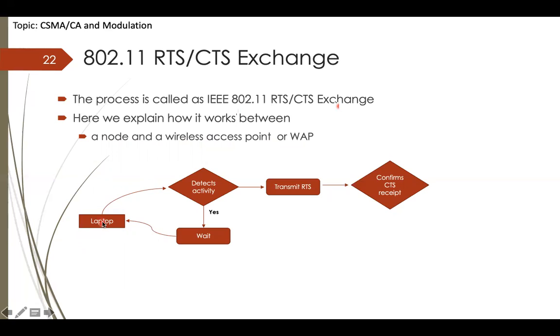For example, if my laptop wants to send data to the access point, it first senses and detects whether the channel is free or not. If it is busy in any of its activity, it will let my laptop know that you have to wait for a random period of time and then try again, because the channel is not free at this moment.